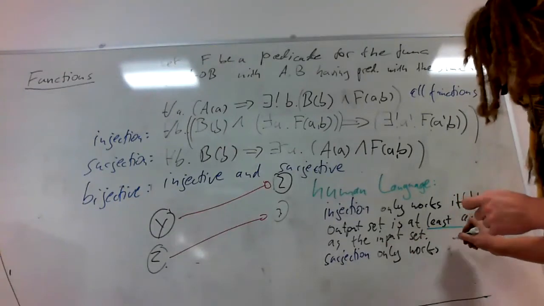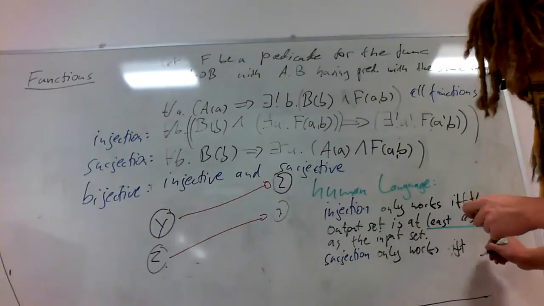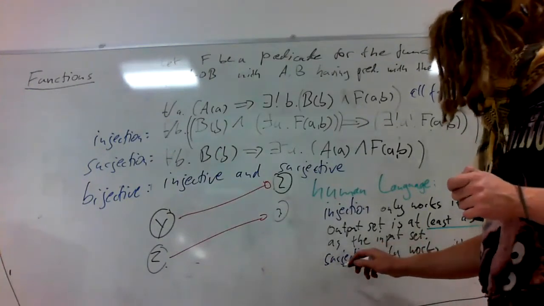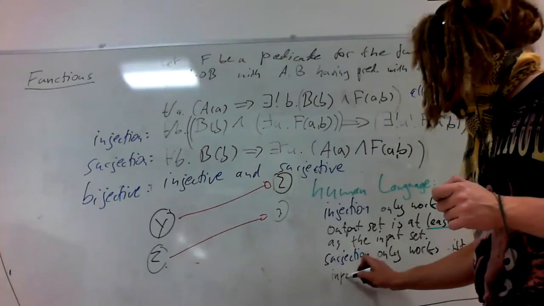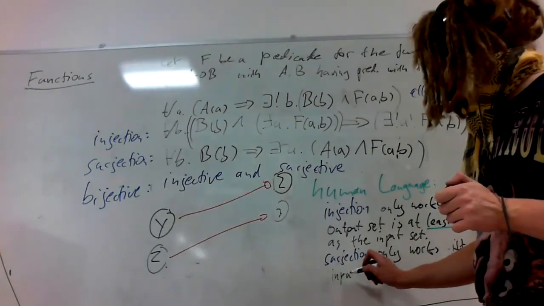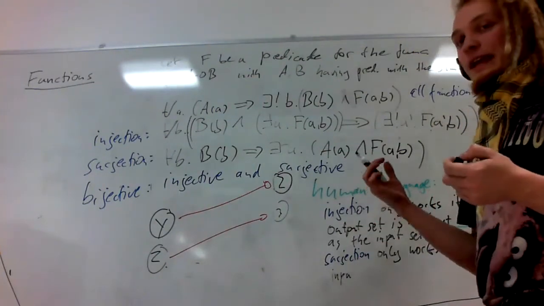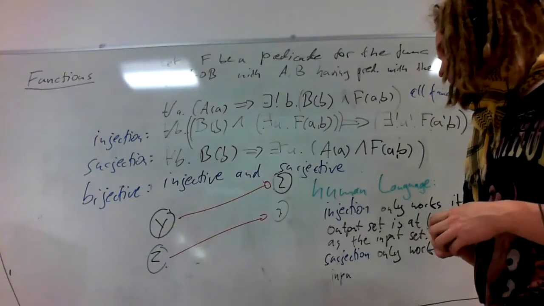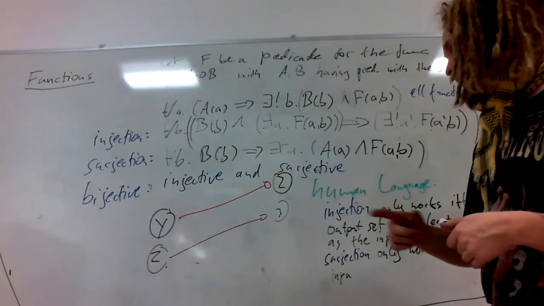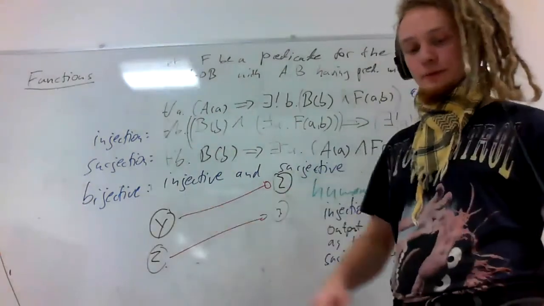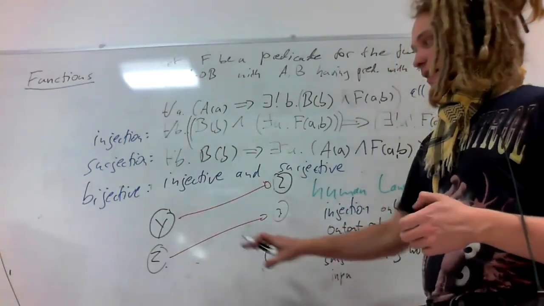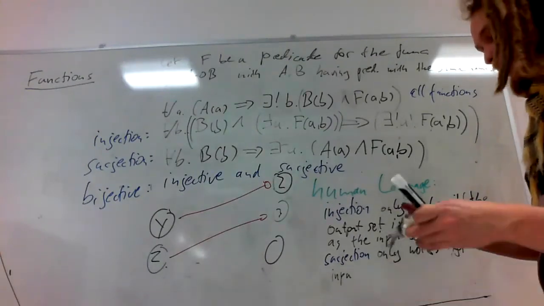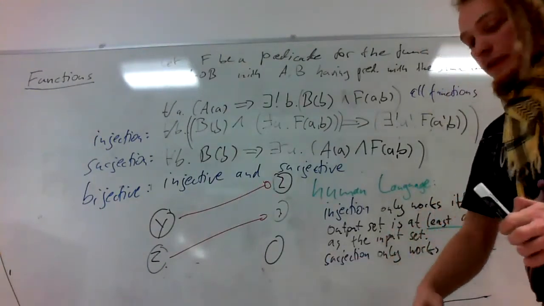So surjection only works if and only if the input set, there are 2 ways to phrase it. Either we can say, the input set has to be at least as big as the output set. So if we don't have enough inputs, like we would in here, then the inputs wouldn't fit in the outputs. Or as I will now phrase it, so it looks a little more similar, but the statements are equivalent.